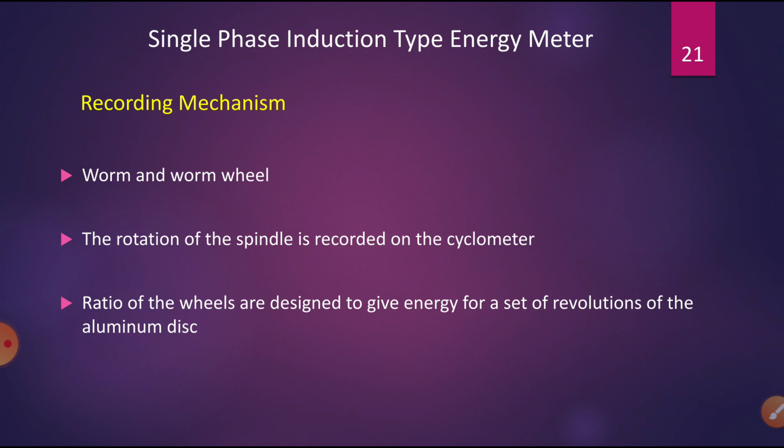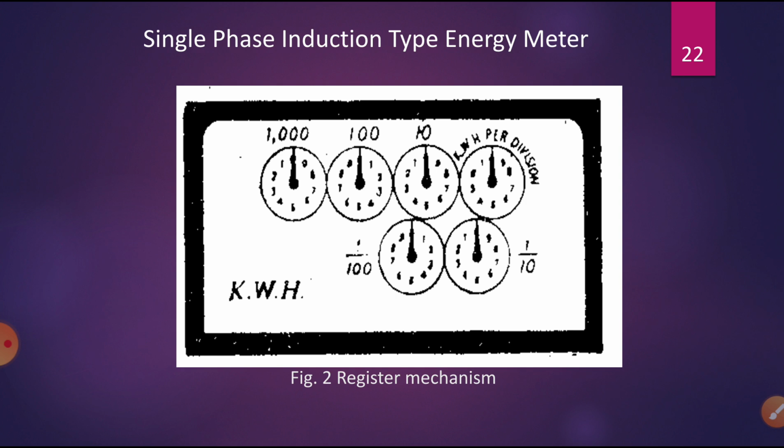If you want to see inside how the register mechanism works, in olden days it appeared outside. You can see these different dials instead of 0, 0, 0. Inside, how does it take place? 1000 times, 100 times, 10 times, these are all mechanisms.